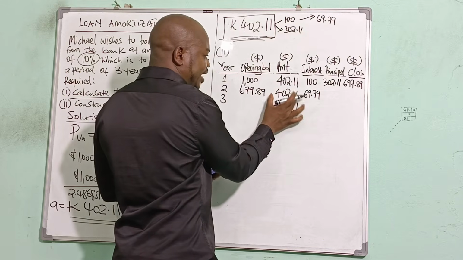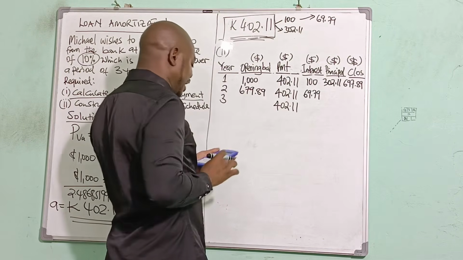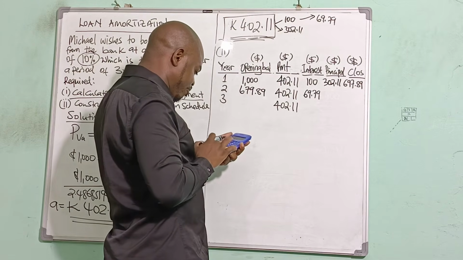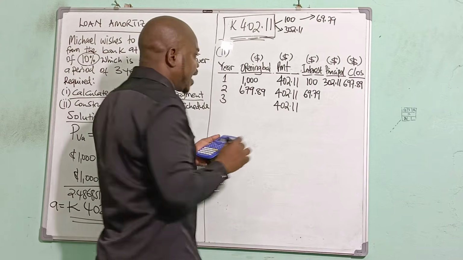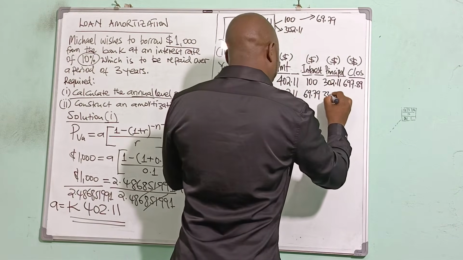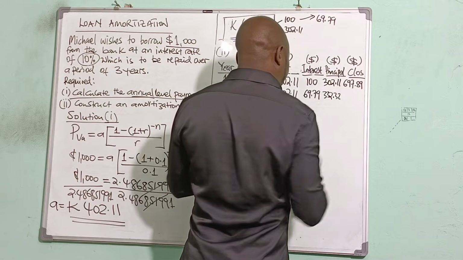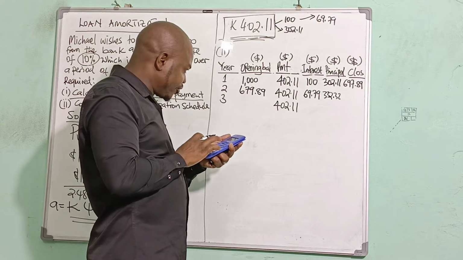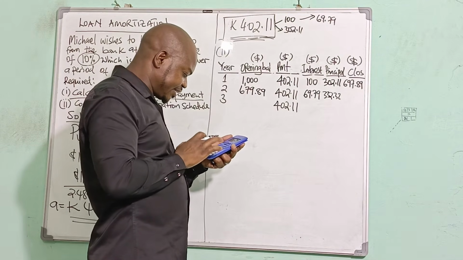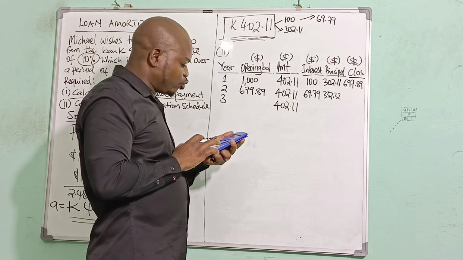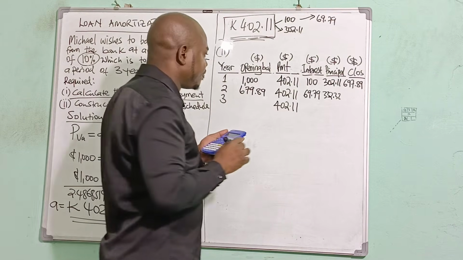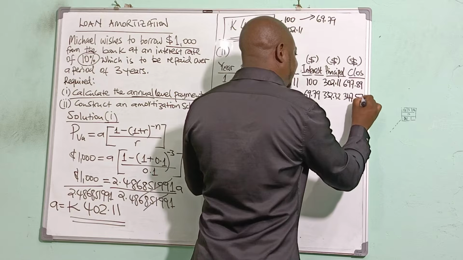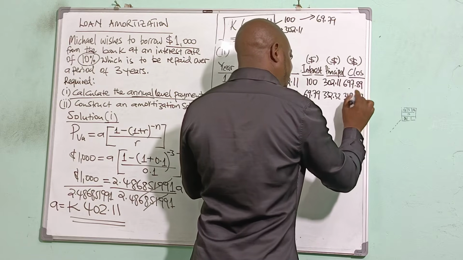I remove the interest so the principal part remains, which reduces my loan balance. That gives 332.32. So 679.89 minus 332.32 gives 347.57 as my closing balance.